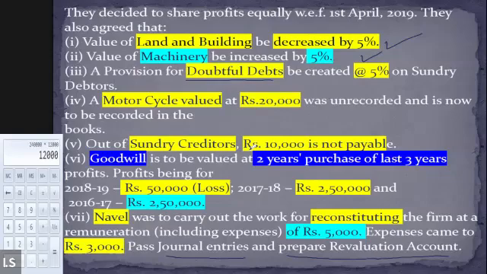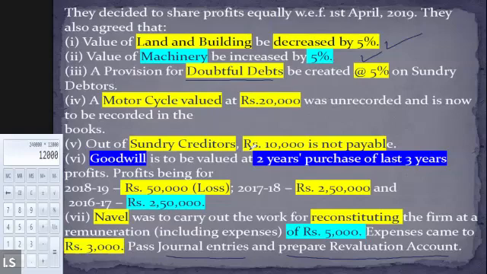But after the agreement regarding the remuneration, Naval's remuneration is 5,000, but the actual amount of expense incurred is only 3,000. Listen to me carefully. What is the agreement among the partners regarding Naval's remuneration? Partners have agreed that they will be paying 5,000 to Naval for carrying out the work relating to reconstitution.